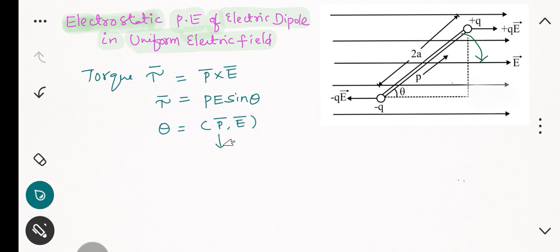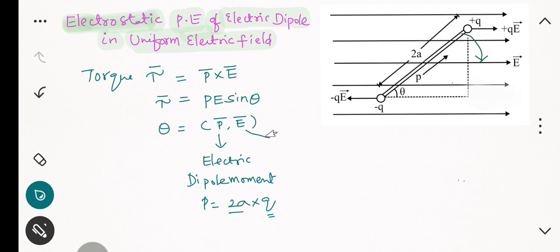Here P bar is the electric dipole moment, whose value is P equal to 2a times q. q is the magnitude of charge in a dipole and 2a is the distance between them.